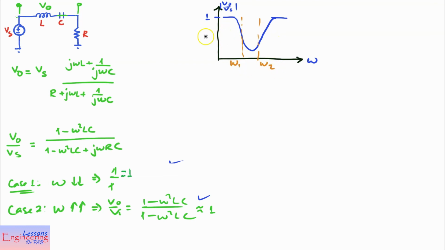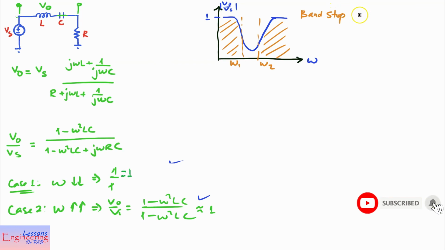Between these frequencies we are passing low frequency and high frequency, but we're filtering out whatever is in between. Such a filter is called a band stop filter, or also called a notch filter.